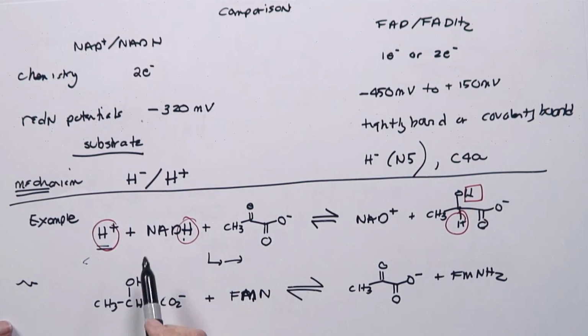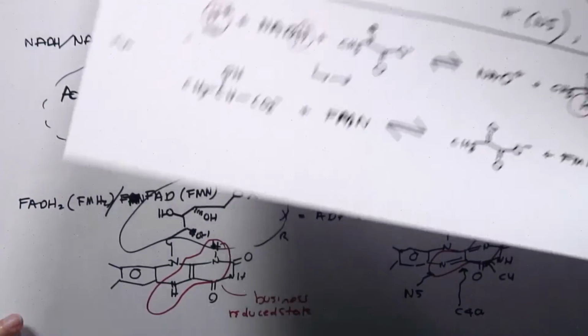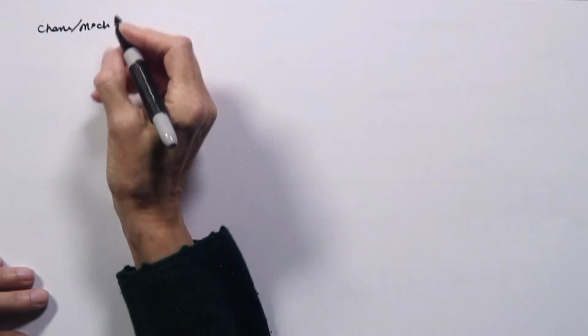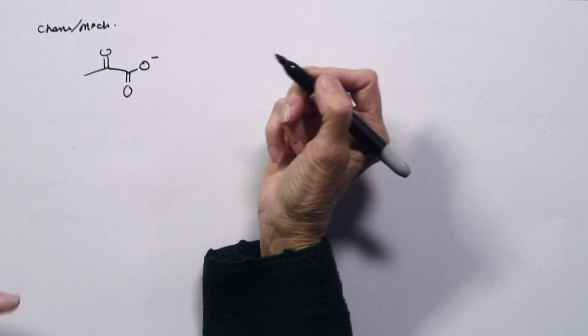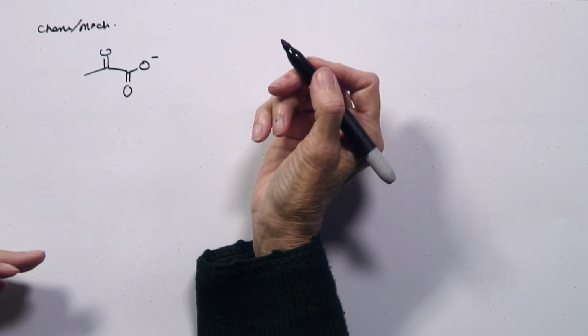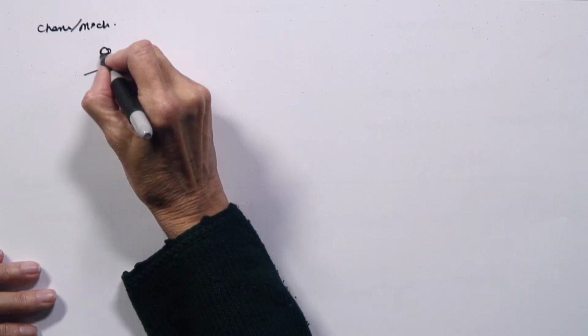Okay, so what I want to do now is very briefly focus on the chemistry of how NADH actually works. Okay, so if we're now going to look at the chemistry of this and the mechanism, let's start with pyruvate. And you need to go back and think about the carbonyl chemistry you've been introduced to when talking about the Claisen reaction and the aldol reaction. And we spent a lot of time on carbonyl chemistry because it's central to everything in biochemistry.